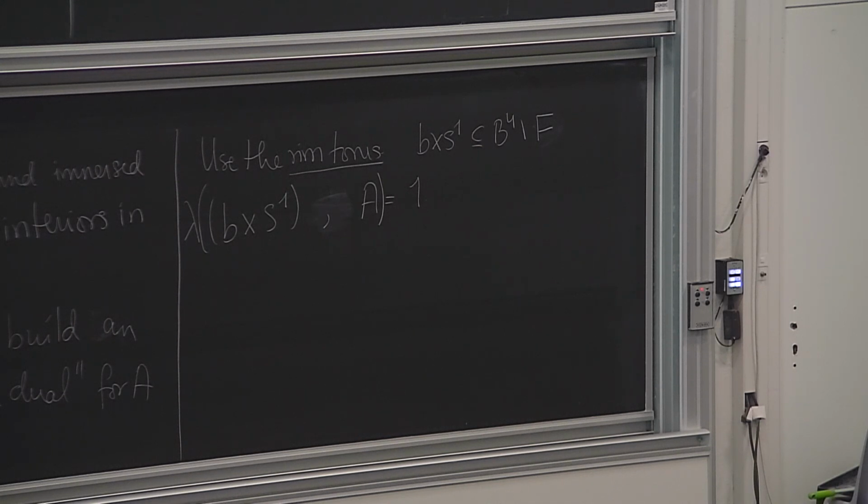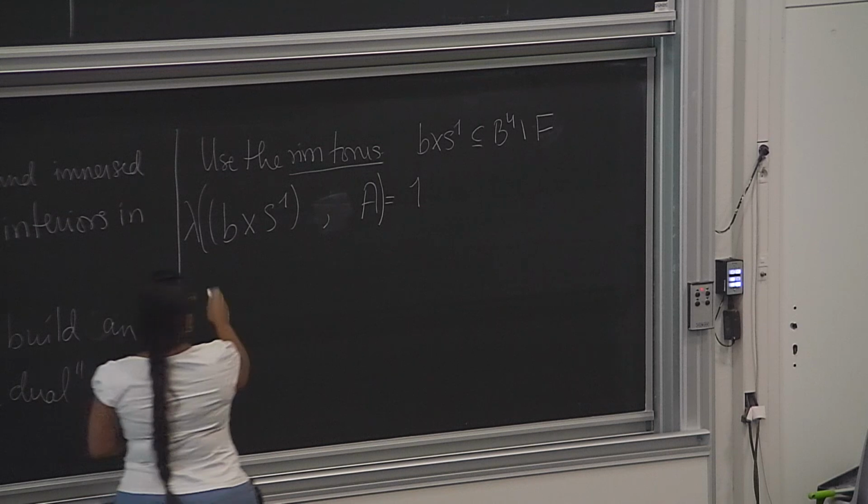And this is where JB's idea comes in. That B cross S1 has longitudes B, and you can use copies of big B to serger the rim torus into a sphere. What does sergering mean? It means that, except now you're doing it to a long circle rather than a short circle.